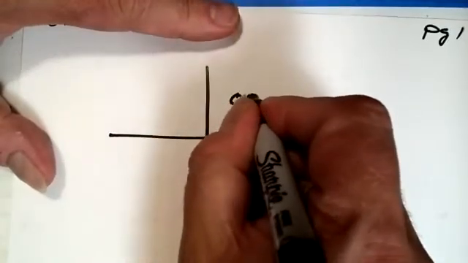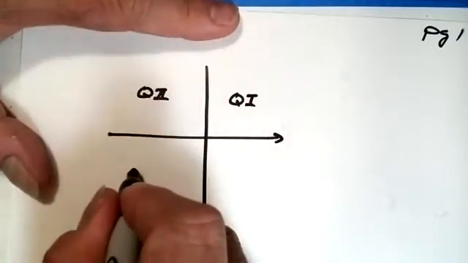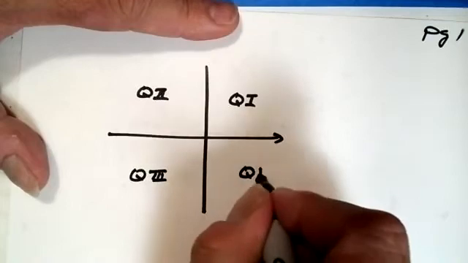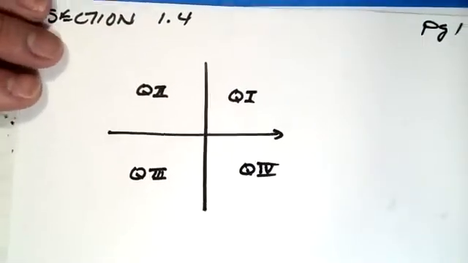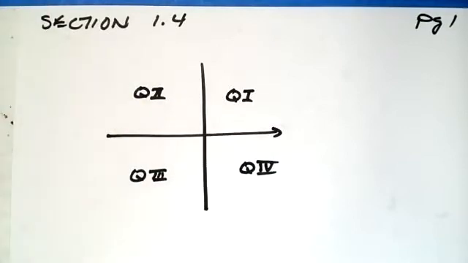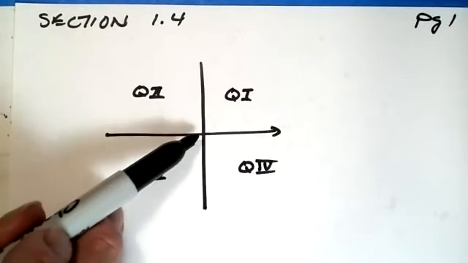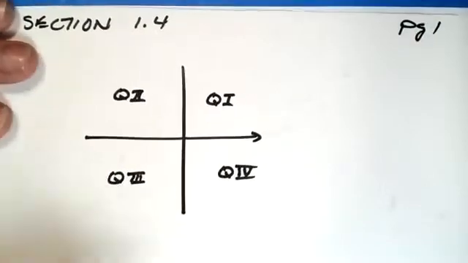Remember, we had Q1, Q2, Q3, and Q4. Now, what I'm going to note here, remember that based on the definition of these trig functions, in many cases r, the distance from the origin out to some point on the ray, may crop up, but recall that r is always positive.